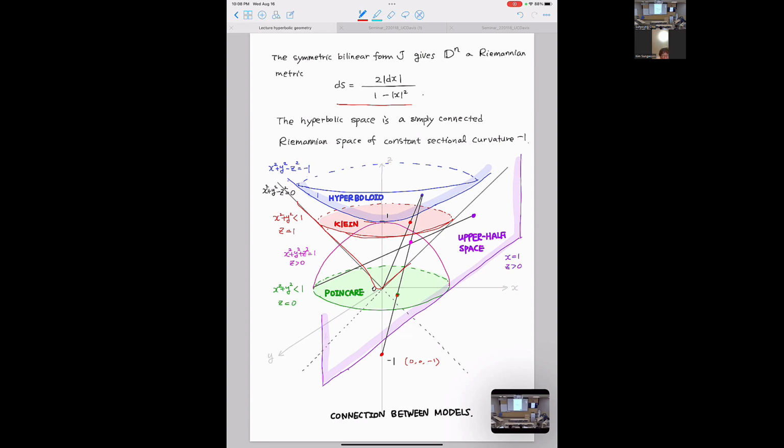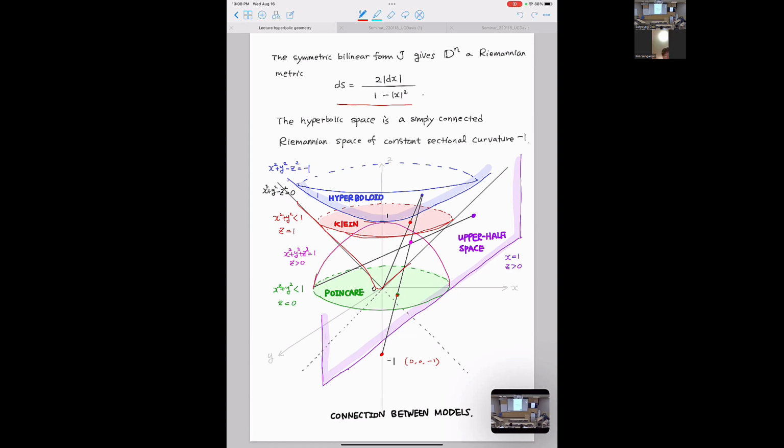You can project any point on the Poincaré model to the upper hemisphere, this one.